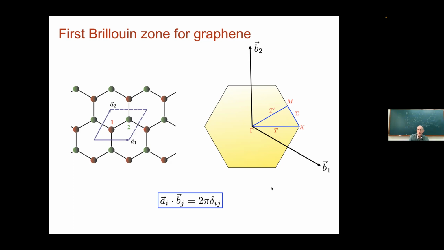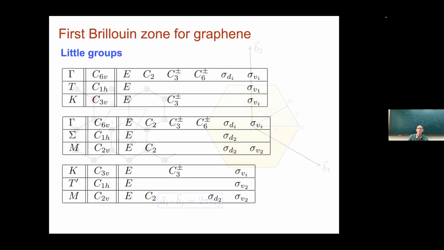So you do this in one exercise, I think it's the first exercise in the problem set. You can find, for all the symmetry points, gamma, K, and M, and for all the lines, the symmetry groups with all the elements, okay? The way I have drawn this table, each of the 3 symmetry lines connects 2 symmetry points.